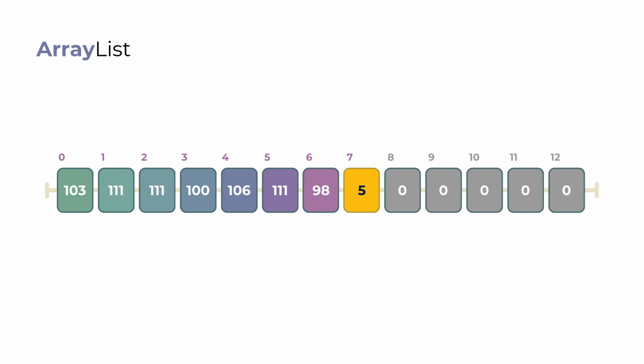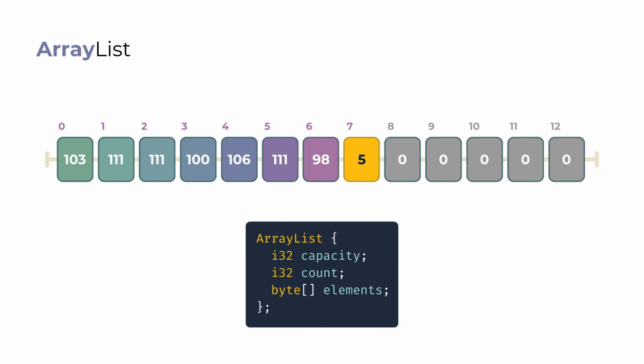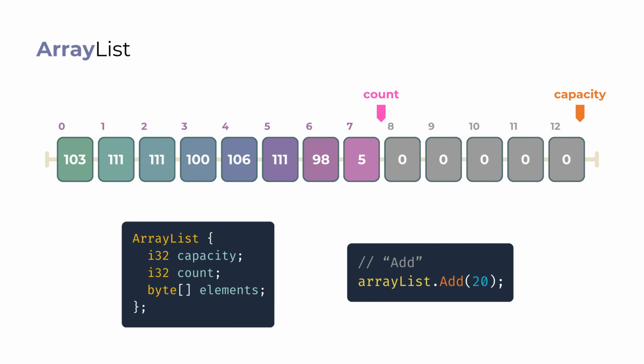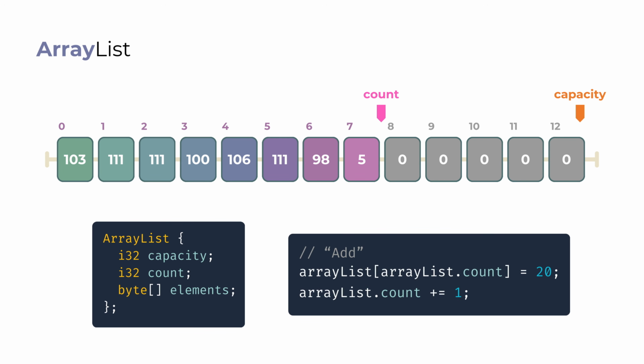The length of the backing array is usually referred to as the capacity, and the number of items in a list is actually a separate piece of data, often called the size or the count. So when we call our ArrayList's add function, really what we're doing is we're using the list's internal count as an index for what boils down to a standard array write, then increasing the count by 1.